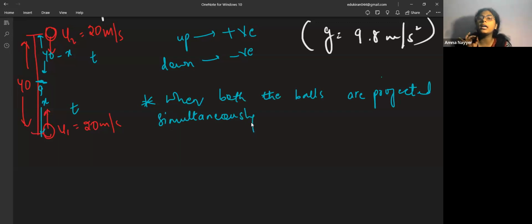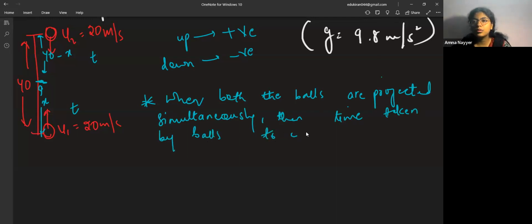Till here only you had to understand, and till here only you have to solve the question by yourself in the exam. Then the time taken by the balls to collide with each other is the same.